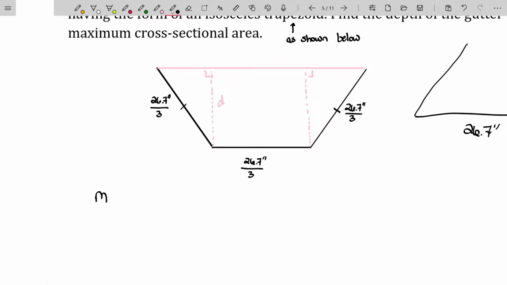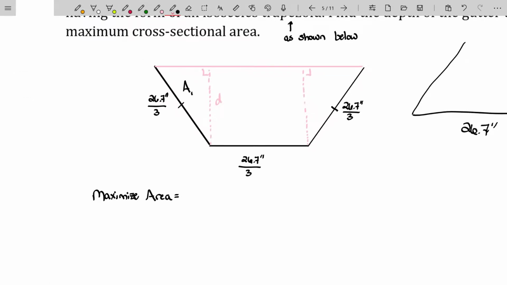maximize the area. So we want to maximize the area. And the area itself is equal to the area of, I'll say, area 1 plus area 2 plus area 3. Obviously, area 1 and area 3 are the same. So this is going to be twice area 1 technically plus area 2.